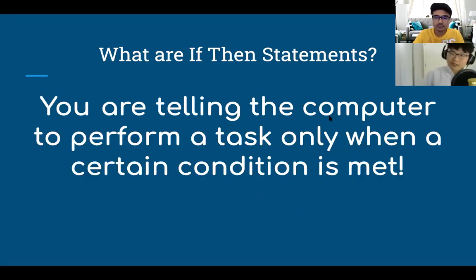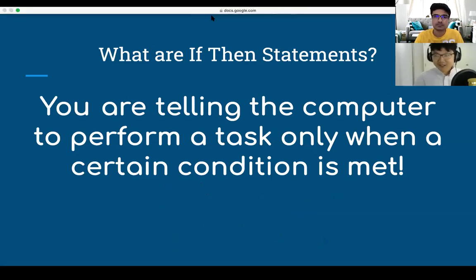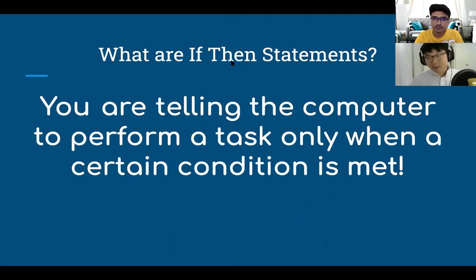Right, so we're going to talk about what an if statement is. Yep. So think of it like you're telling the computer to perform a task, but a lot of the times when you want to perform a task, you're going to have some type of condition that is met. Think about it like, say, your parents telling you to clean your room.